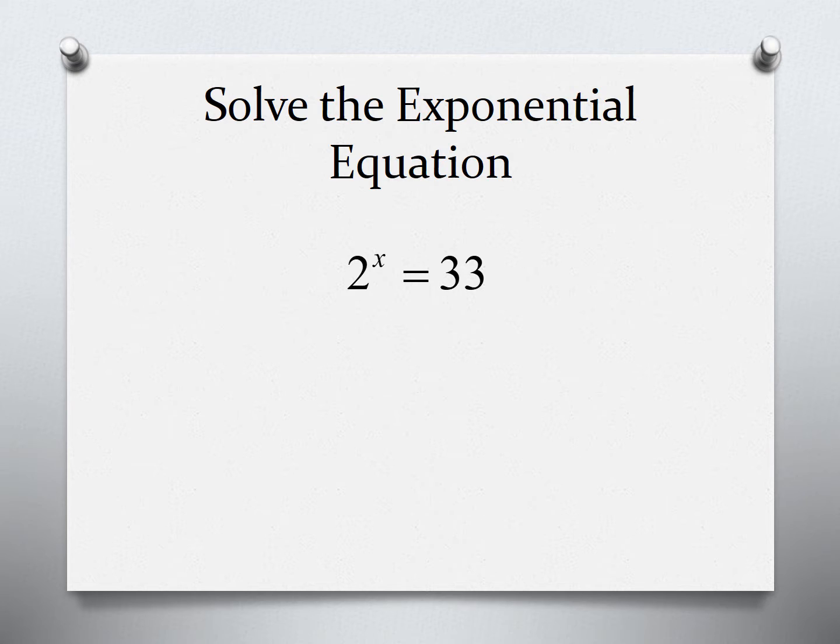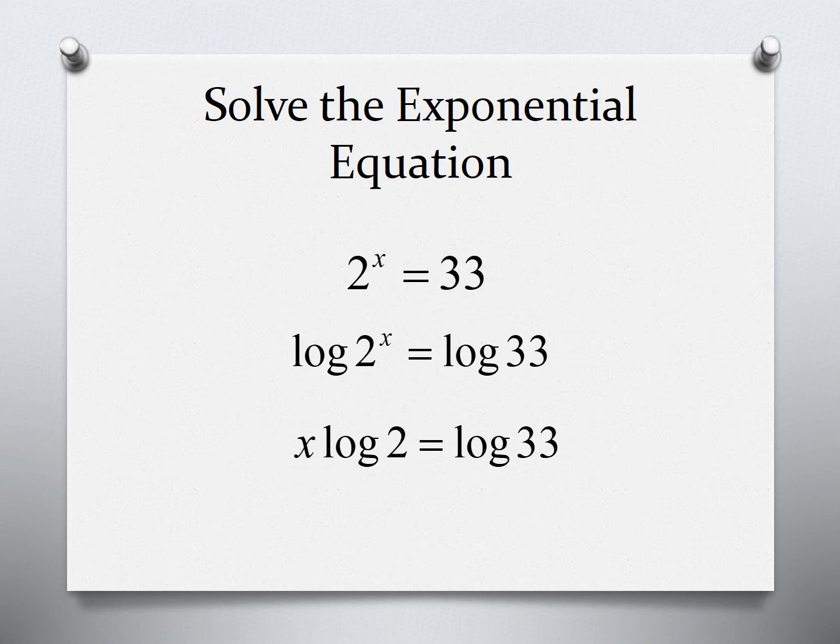And so I decide to take the log of both sides, because the properties of logarithms allow me to do that. If I take the log of 2 raised to the x and the log of 33, I'm keeping my equation in balance because I'm taking the log of both sides. So nothing has changed. I'm just performing an action on both sides of the equation.